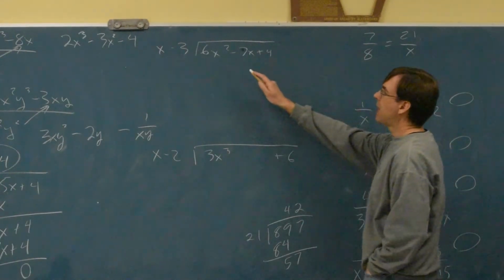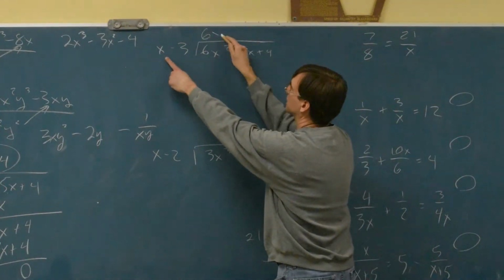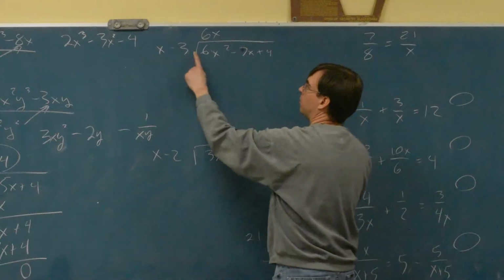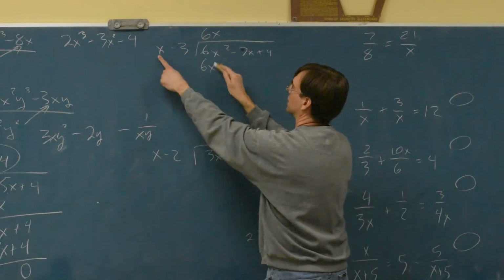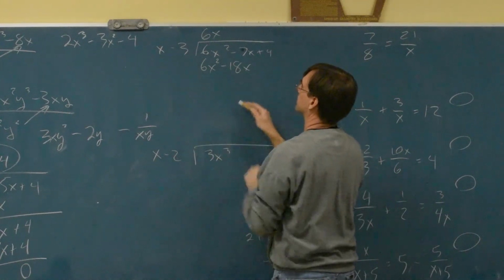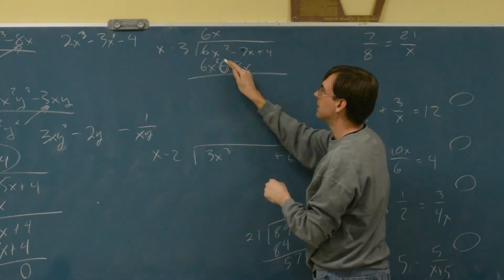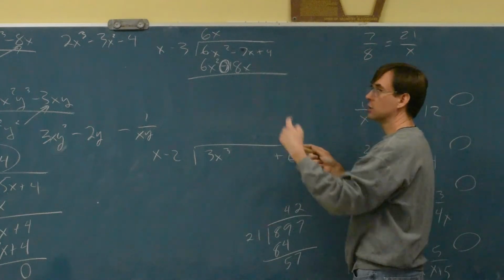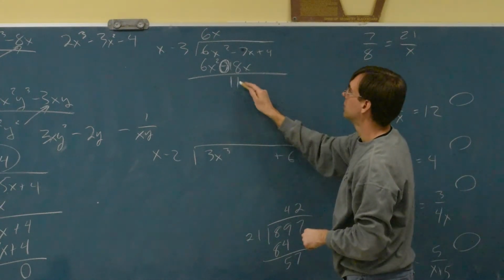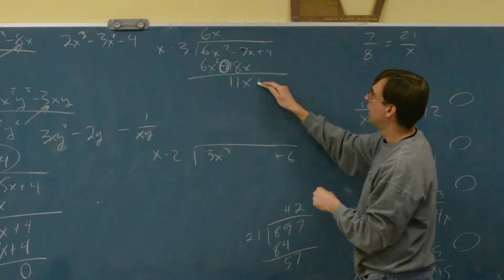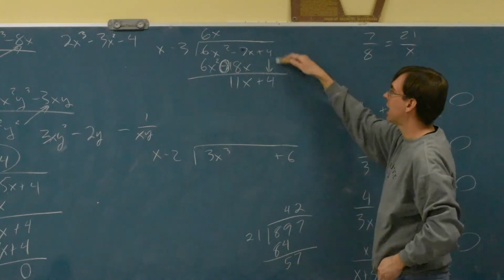For this, same kind of thing. Divide the leaders, it's 6x. Multiply everything. 6x squared minus 18x. Subtract. When you subtract, this will become a plus, because we're subtracting a negative. So 11x, and always drop this. That never changes, it just drops.